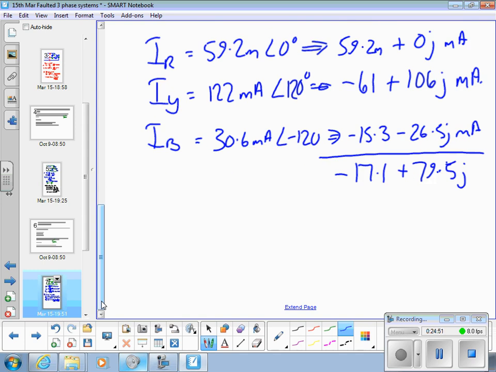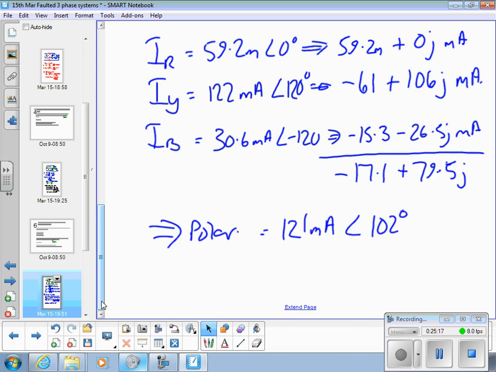Well, 106 take away 26, it just depends on how your angles are. When I convert that back to polar, I get 121 milliamps, angle 102 degrees.